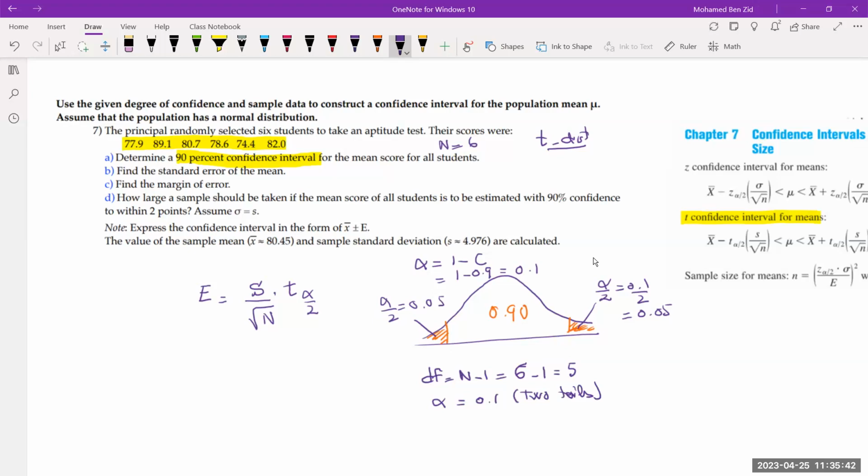That's the value in two tails. So now I can use the T table to find the t alpha over 2. It's supposed to be the right side, but both of them are there, so we're just going to take the positive one for now. All right, so let me grab the table.